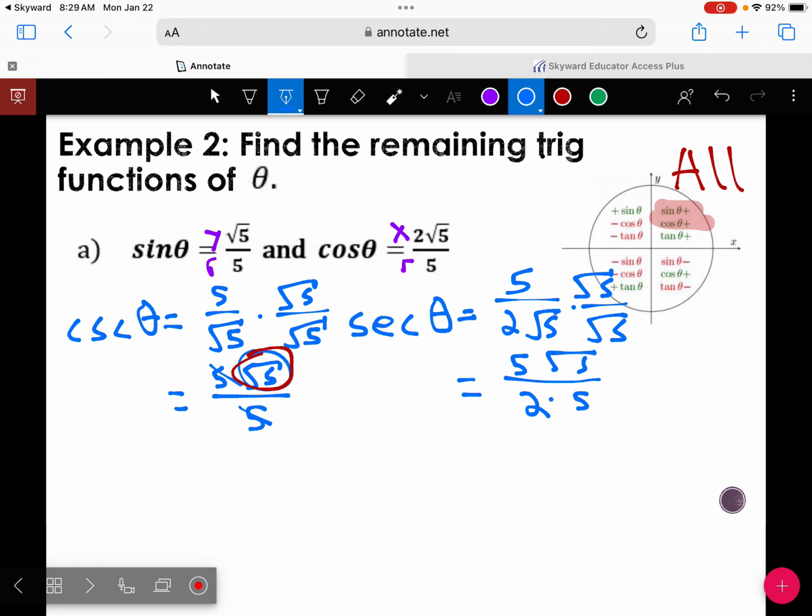You could have combined this 2 times 5, right, and just made it 10. But since there's a 5 in that numerator, I'm just going to leave it as 2 times 5. So then I can cancel out the 2 5s. And then I'm just left with root 5 over 2. That one was a little bit tougher to simplify, but give me a thumbs up if you were able to get that one.